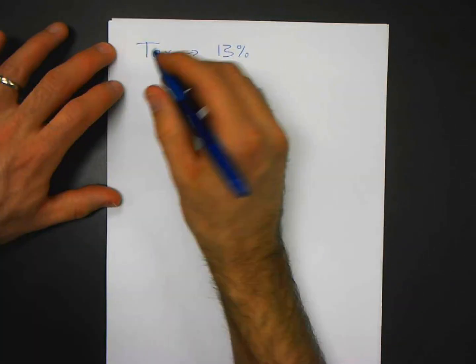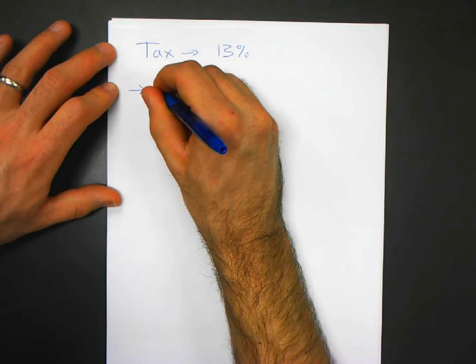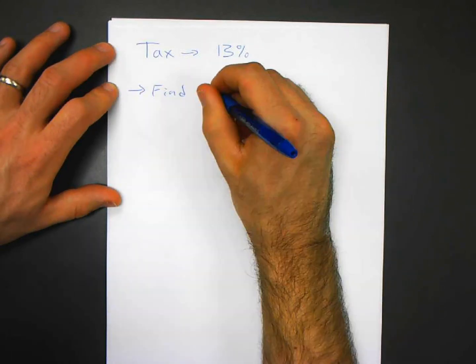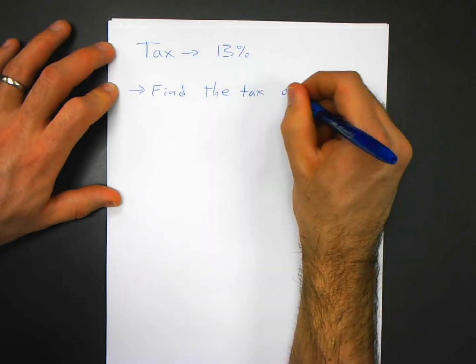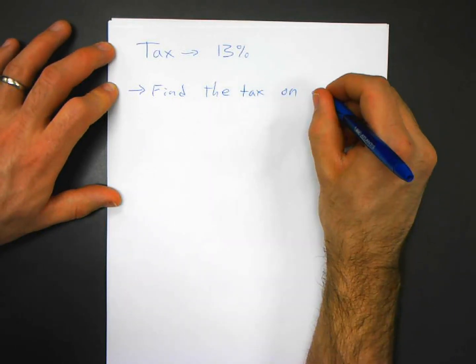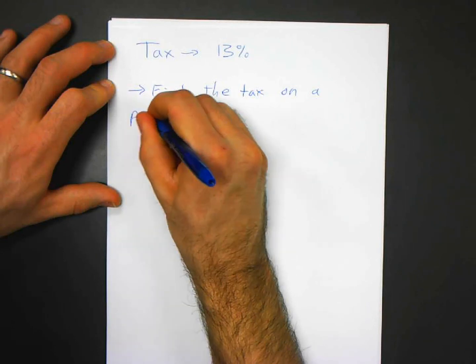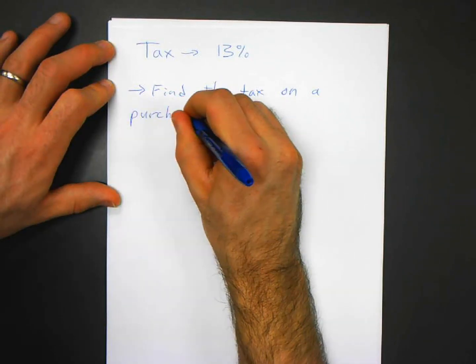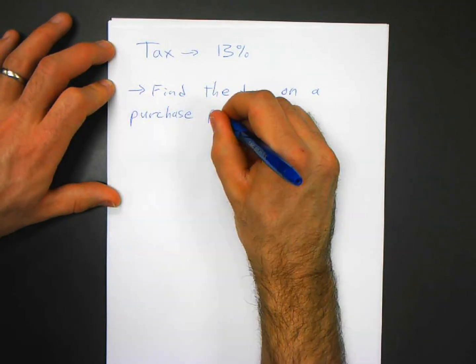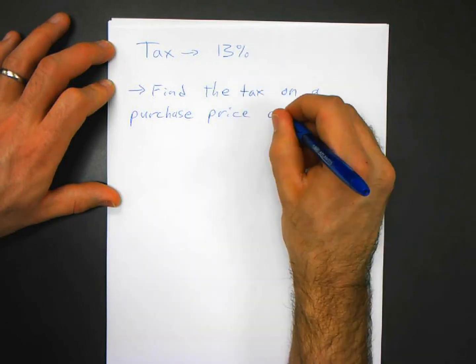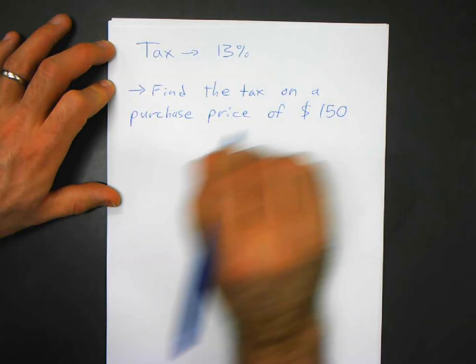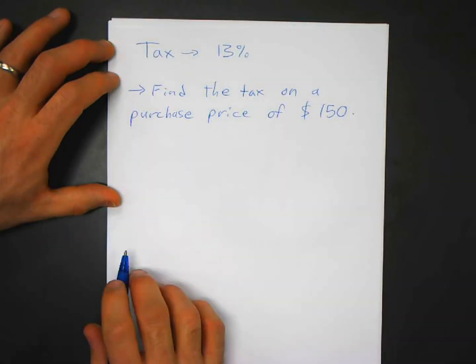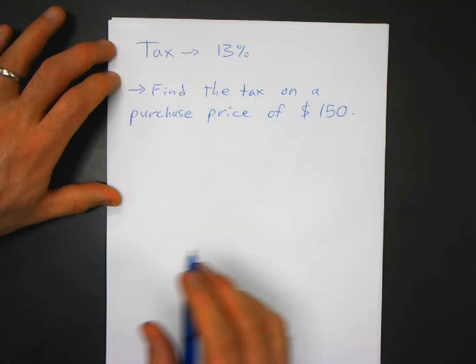So, give you an example here. Find the tax on a purchase price of $150. Alright, so all we do, we take the 13%.